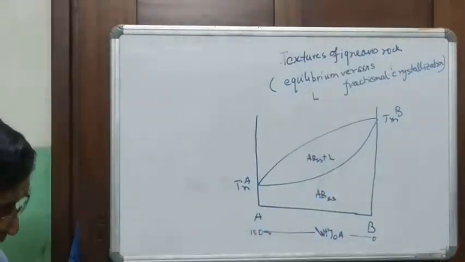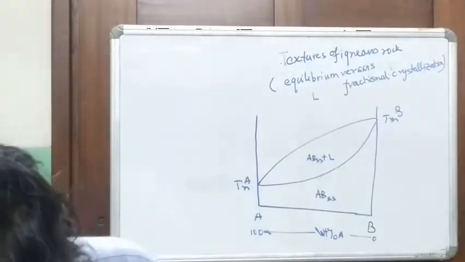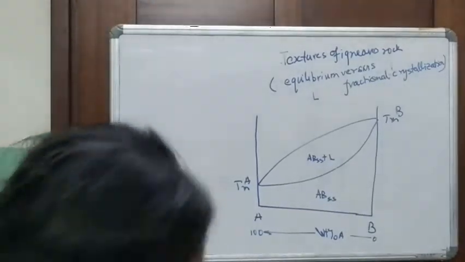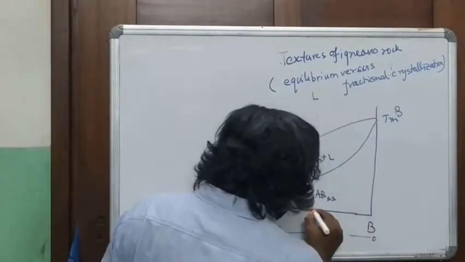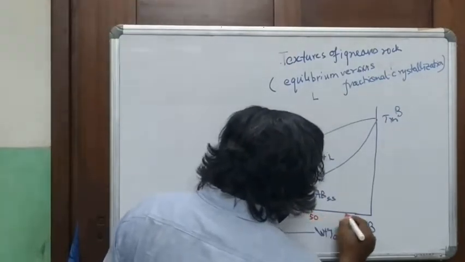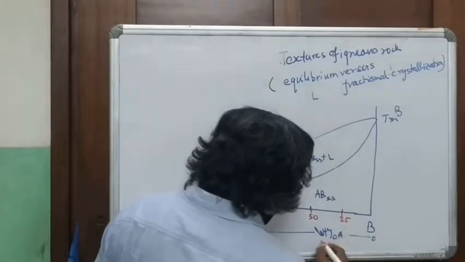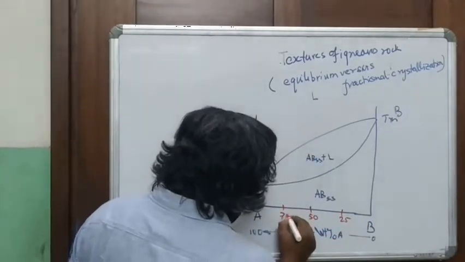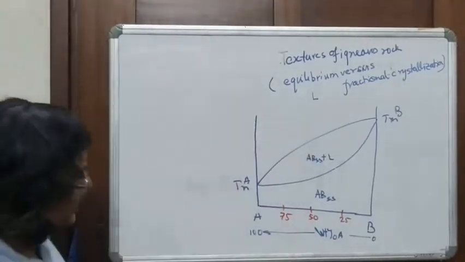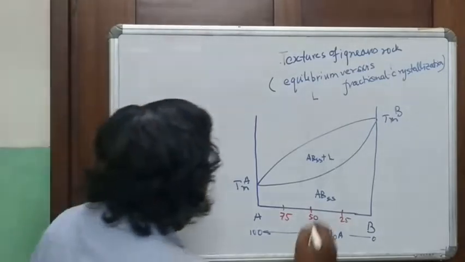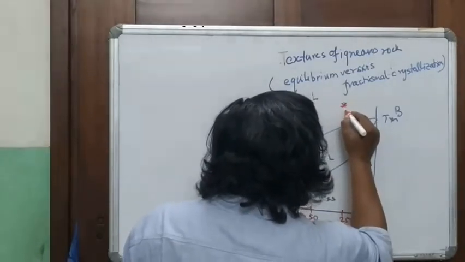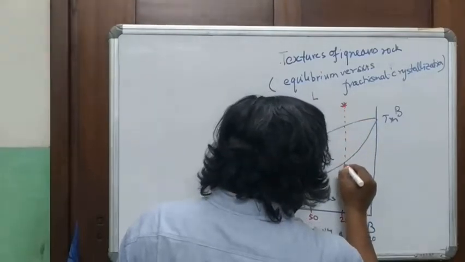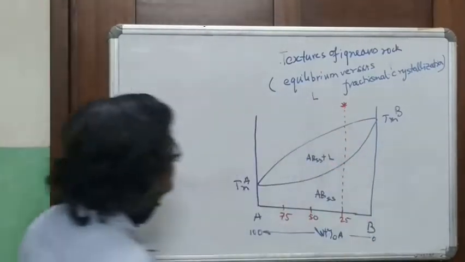Now, let's say we take a melt at this composition. So let's divide this. This is 50, this is 25 weight percent A, and this is 75. So let's take a composition which is here, roughly.